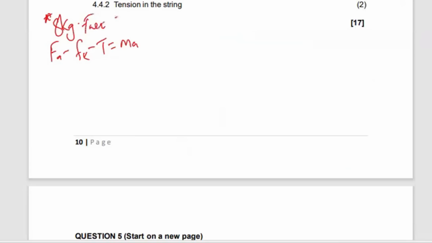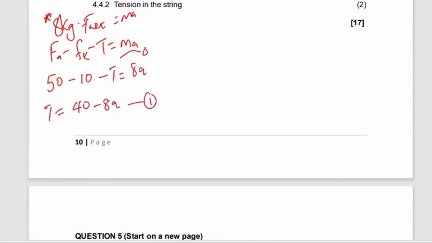Remember, F net is equal to ma. So 50 minus the frictional force, which is still 10, minus the tension, which I don't know, should give me 8a. Let me make T the subject: T is going to be 50 minus 10, which is 40, minus 8a. I'll call that equation number 1.